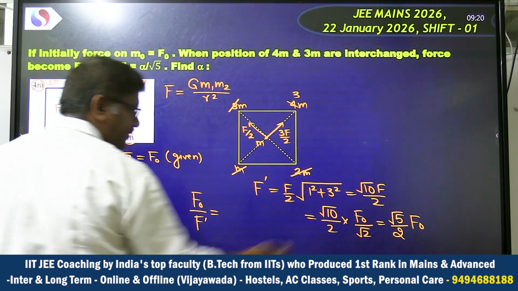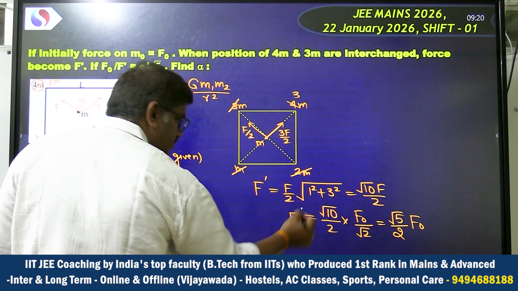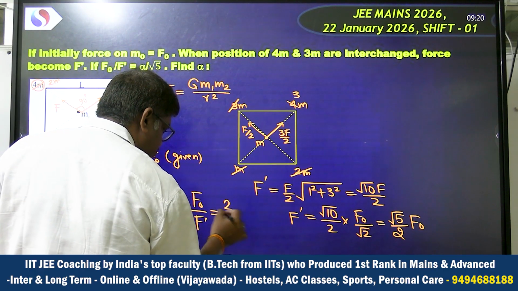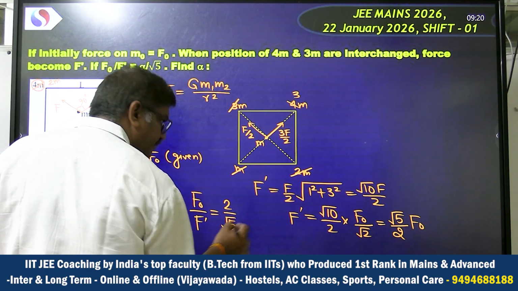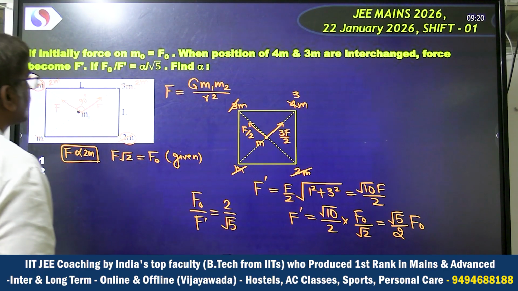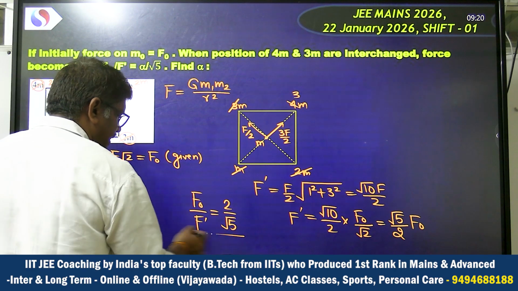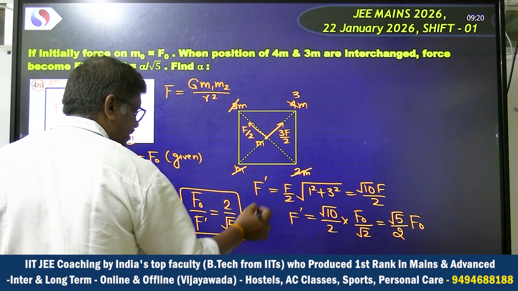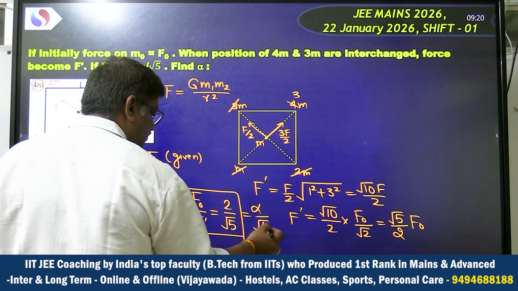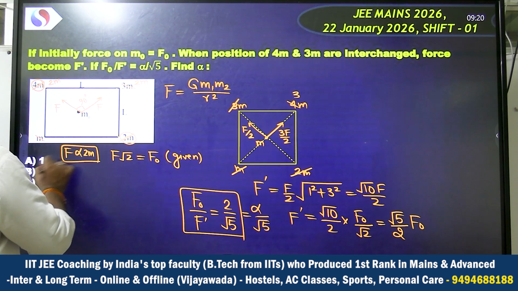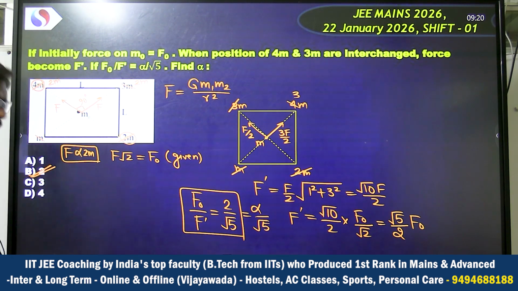So F naught by F dash ratio is coming out as 2 by root 5. Yes or no? It is coming as 2 by root 5, and since we compare it with alpha by root 5, what is the value of alpha? Alpha value will be 2. That is the second option.